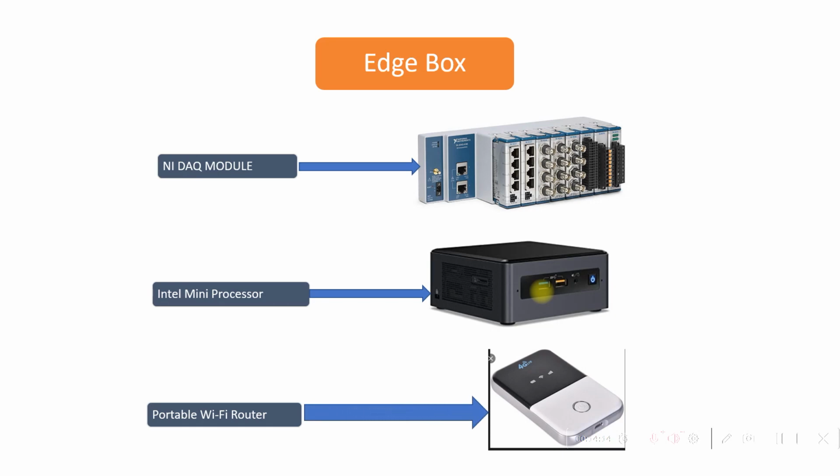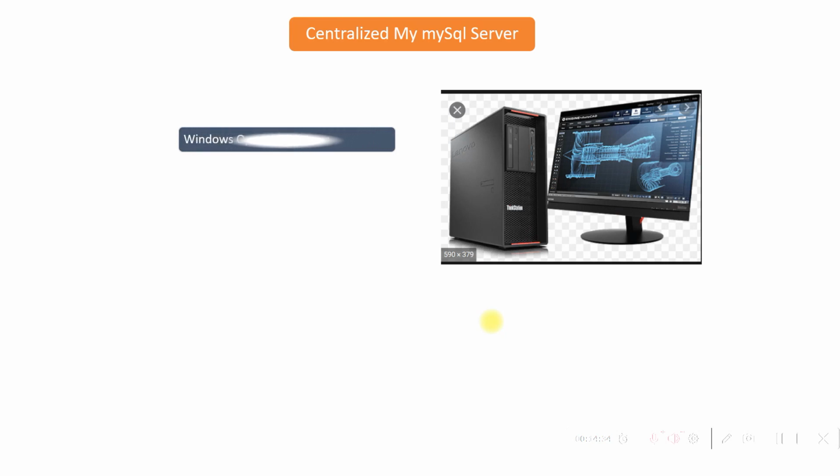And here you can see a normal Wi-Fi router, used for the internet, because we are using IoT, as our SQL server and end users will be connected to the edge box through IoT. And this is the centralized MySQL server.